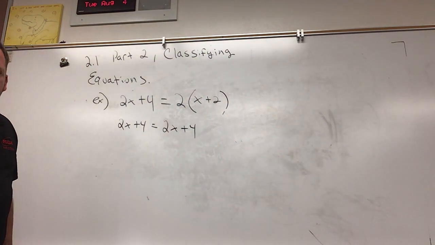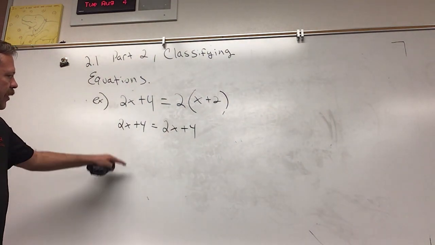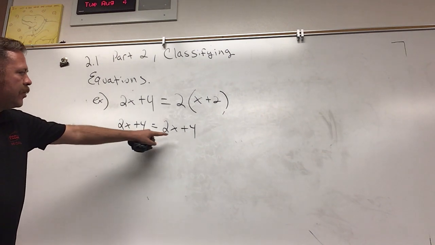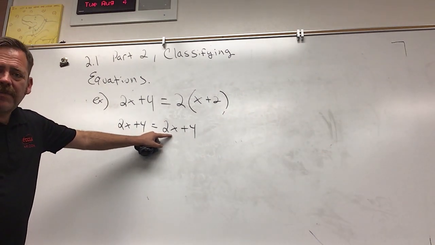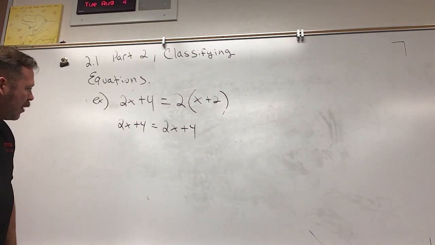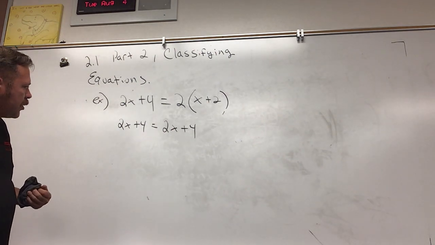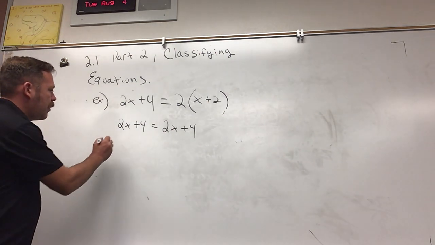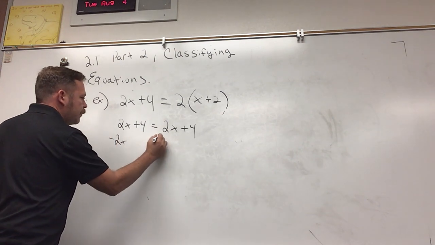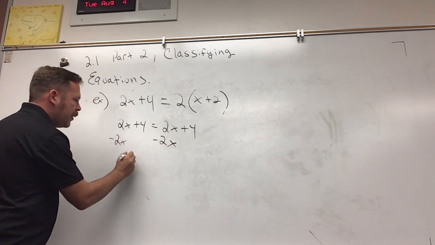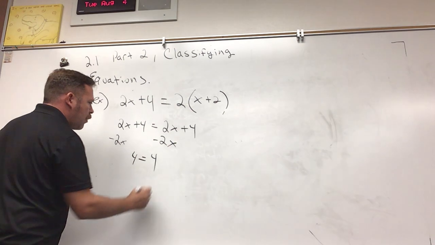Notice that once you get to this point, if you can recognize you have the same thing on the left as you do on the right, it's always going to be this case. But we would be to where we want to move all variables to one side. So I'm going to subtract 2x, and then I'm going to be left with 4 equals 4.